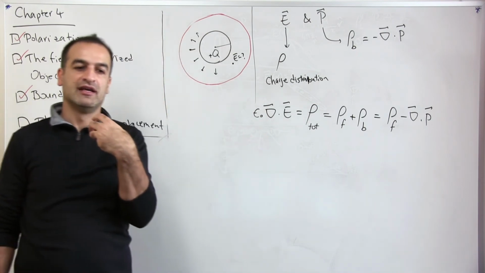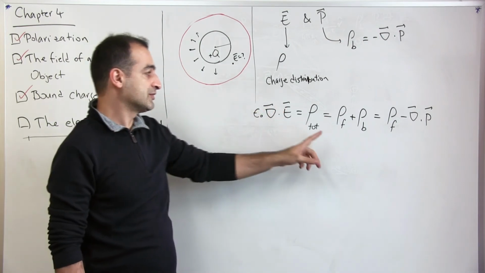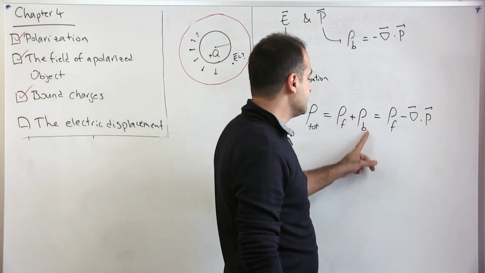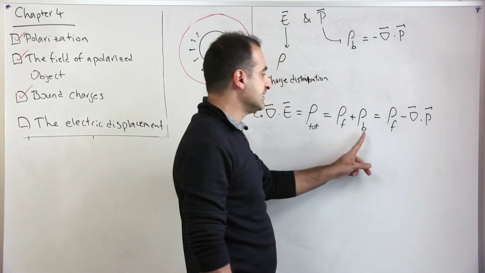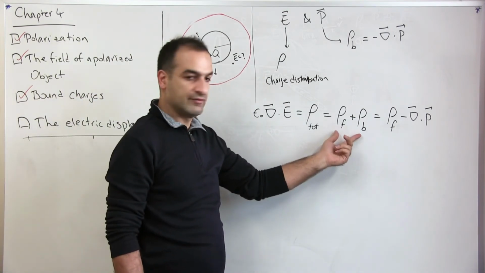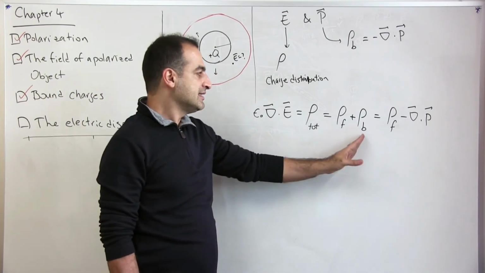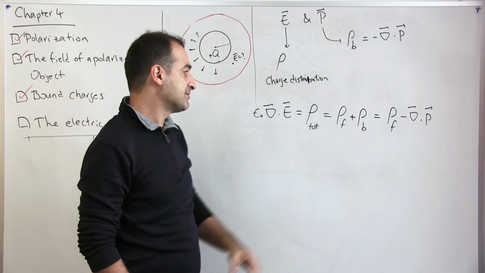It tells you that we have this charge distribution, surface charge distribution, or volume charge. But rho B is something that is created by the polarization. So rho B is hidden in the dielectric material, but rho F is the obvious one.